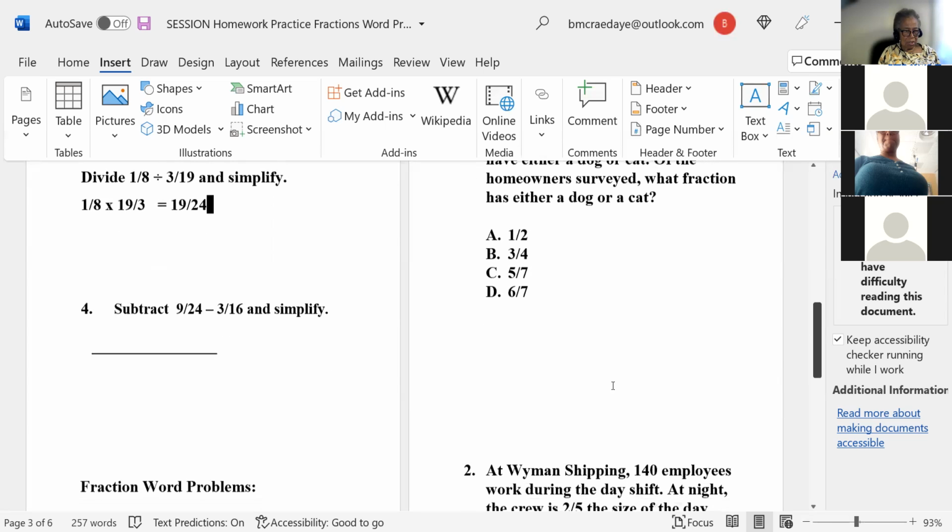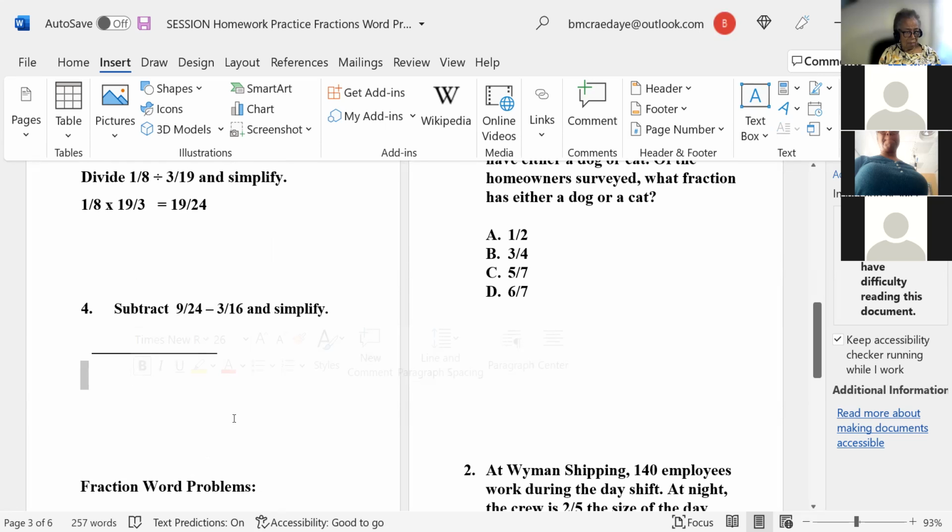Now, Mercedes, what did you do? Can you tell me what you did here? I multiplied the denominators. I said 24 times 16, I get 384.